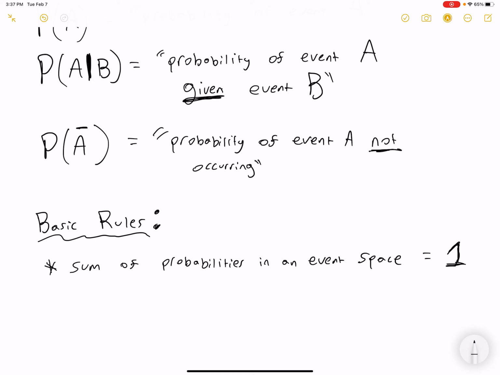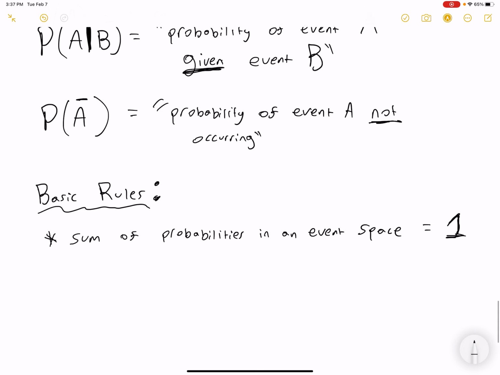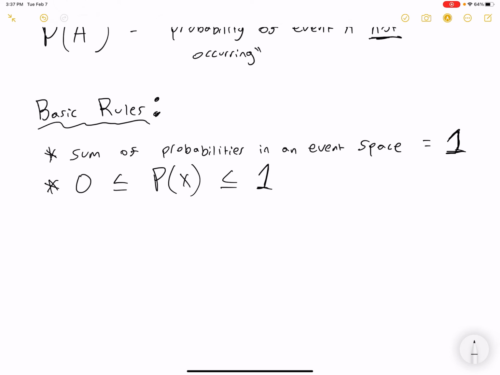Do y'all know what I mean when I say event space? Or should I review that? Good to go. Okay, cool. Any particular probability has to be between 0 and 1. So 1 means 100% probability, 0 means 0% probability.